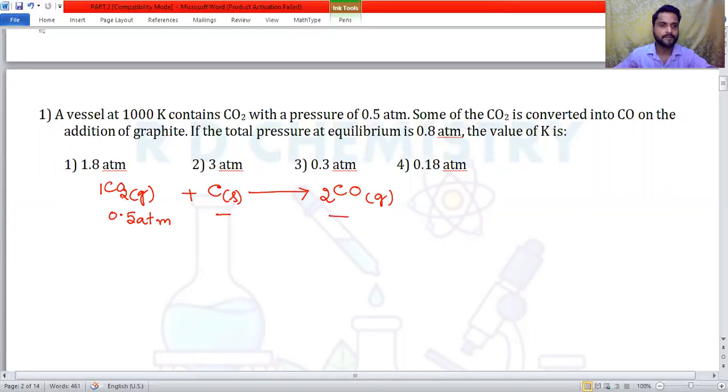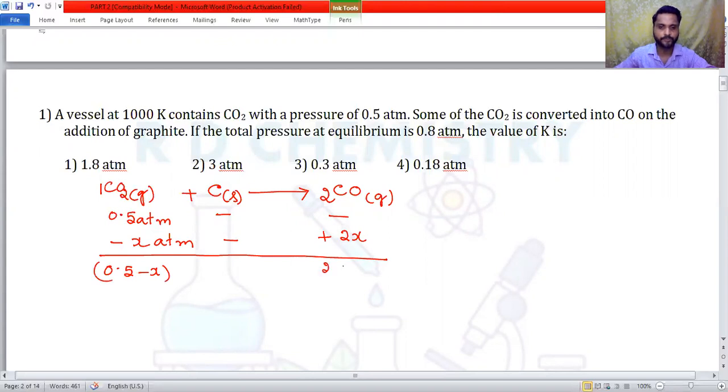Now, as the carbon dioxide reacts, the number of moles decreases, so pressure also decreases. Let there be X decrease in atmosphere. So in the 1:2 ratio, the product side should be 2X atmosphere increase. So at equilibrium, we have 0.5 minus X atmosphere for the reactant and 2X for the product, right?